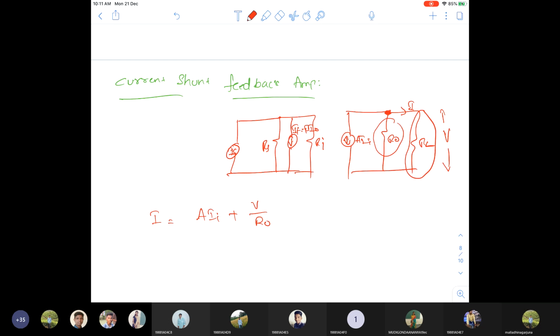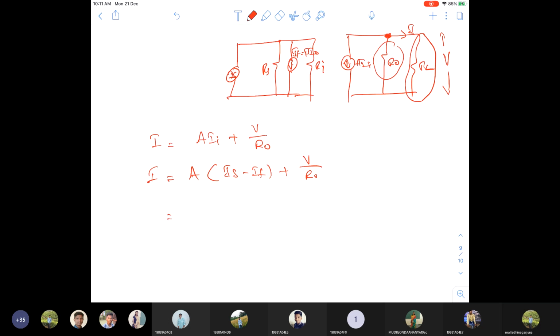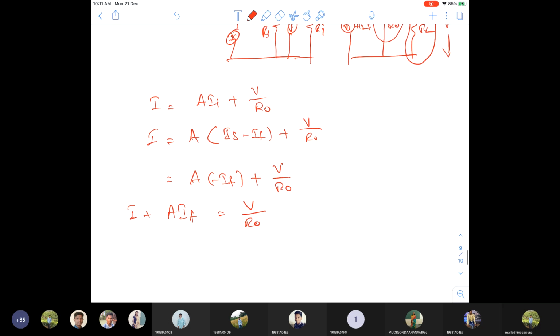The current passing through the resistor is voltage by resistance. So I equal to A into II, which is IS minus IF, plus V by R naught. So that is equal to A into minus IF, because IS is 0, plus V by R naught.